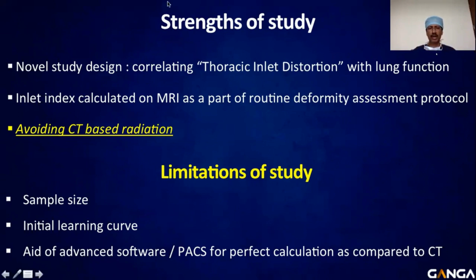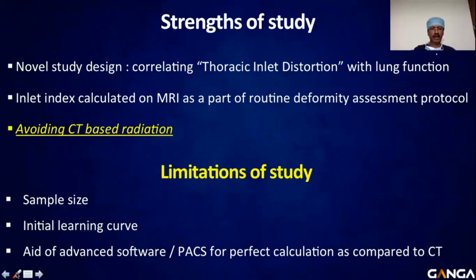And what is important is that it can be calculated from MRI and it avoids the use of a CT base. Of course, there is a limitation of the study, but we had a huge sample size of 80, and we need to have perfect cuts to have the perfect calculation.